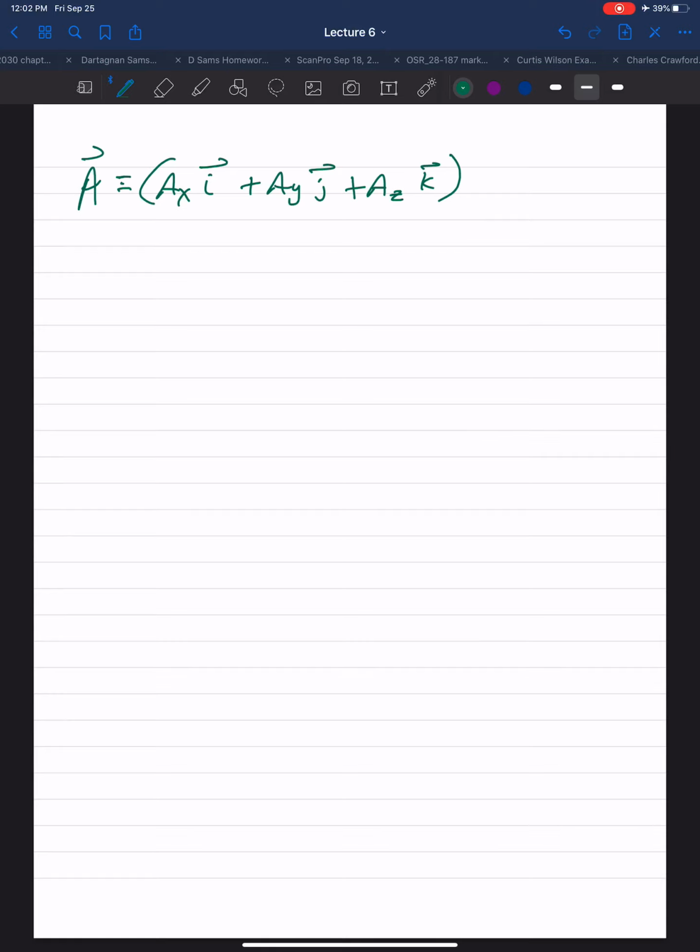This is in Cartesian notation. And we have vector B, likewise, BX I plus BY J plus BZ K, magnitude and direction.